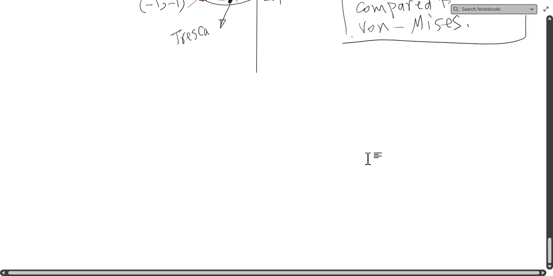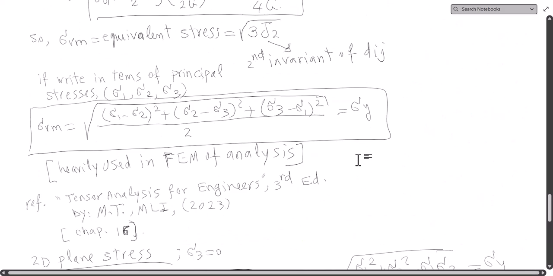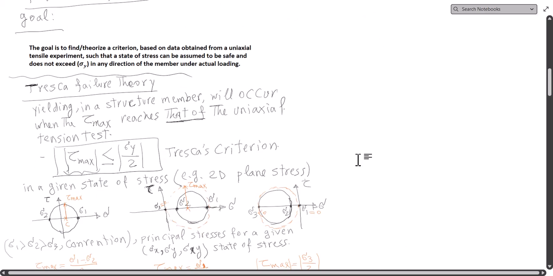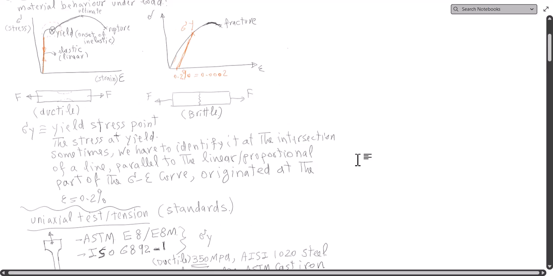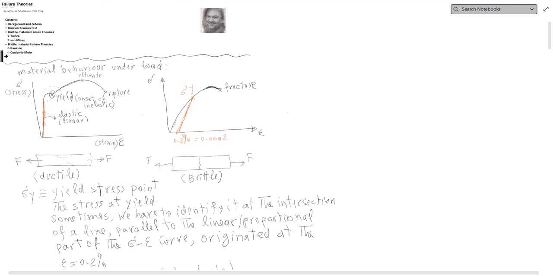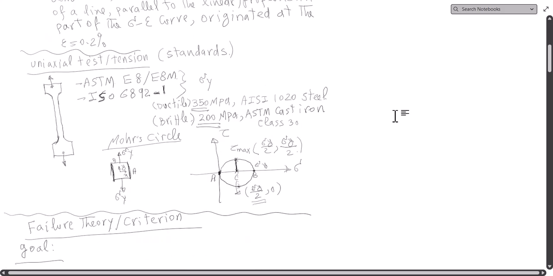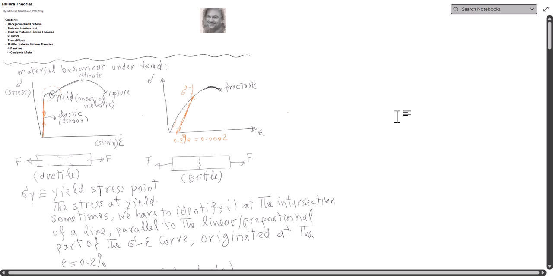Okay, so I guess this video and the previous video should give you enough background and explanation to understand at least two failure criteria for ductile material. I will follow with some other failure theories for brittle materials or some extensions to the von Mises.